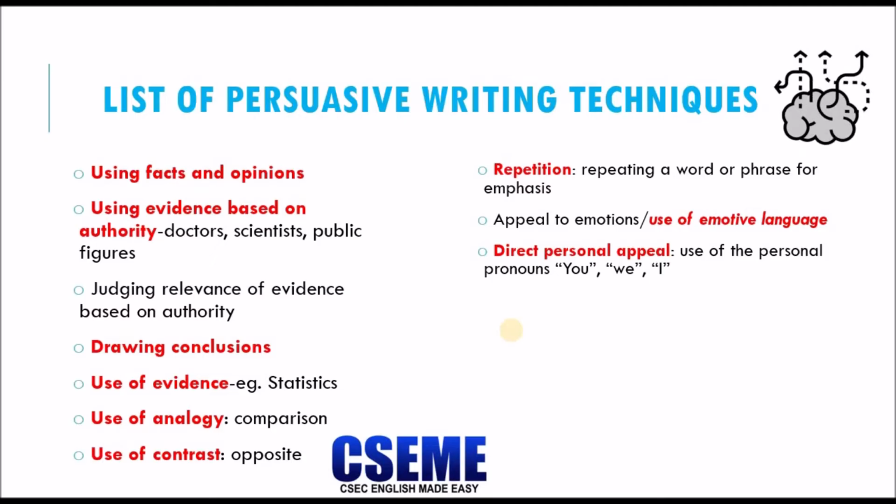The use of the personal pronouns you, we, I, makes it more like you're talking directly to your audience. Anecdotes, sharing stories. This is employed a lot in certain instances. This is a way to also persuade.